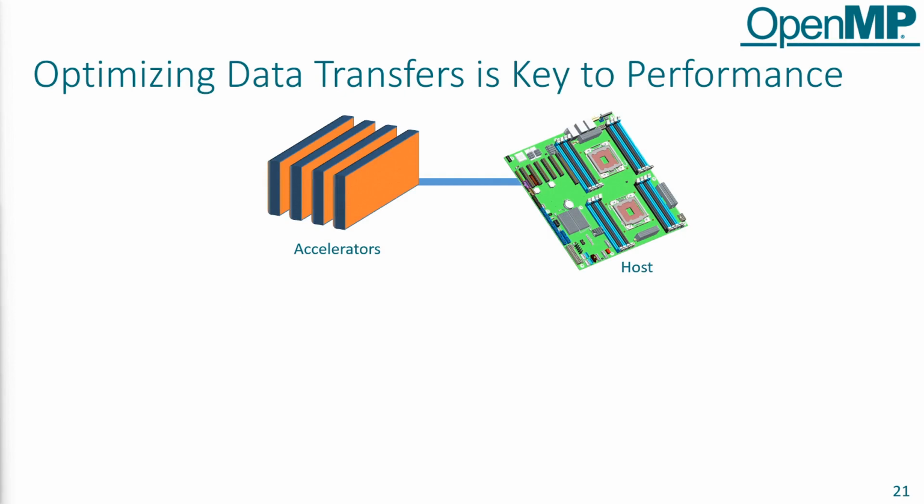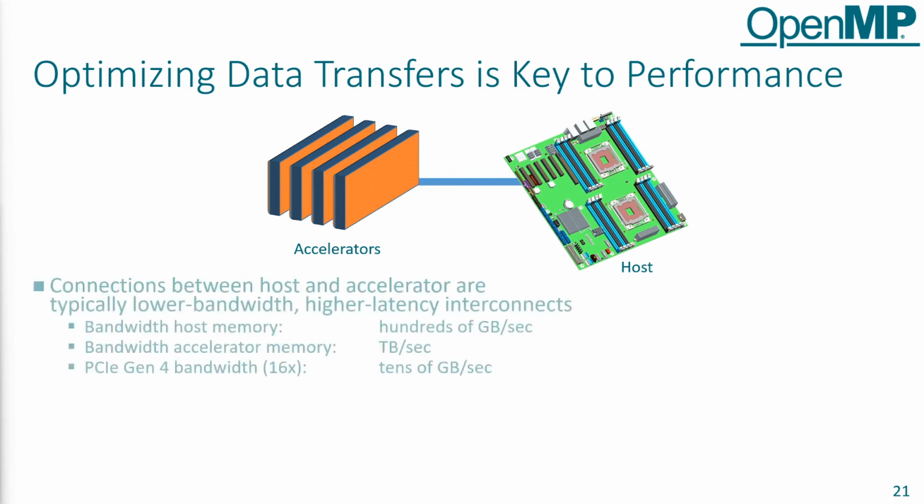So if you have this scenario of host and accelerators attached via some communication fabric, in most cases something like PCI Express or potentially NVLink or some other protocol, what you will observe when you look at the memory bandwidth on the different parts of the system is that usually you see hundreds of gigabytes per second for the host system, something like north of 350 to 400 gigabytes per second. Then you have the bandwidth of the accelerator memory, the GPU memory, that's usually in the range of terabytes per second.